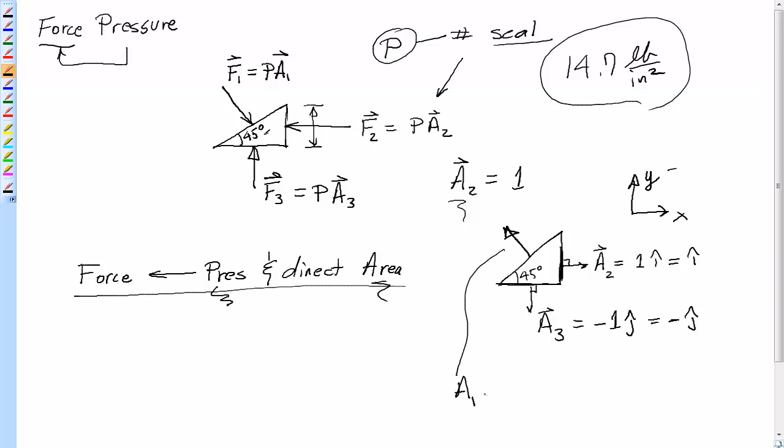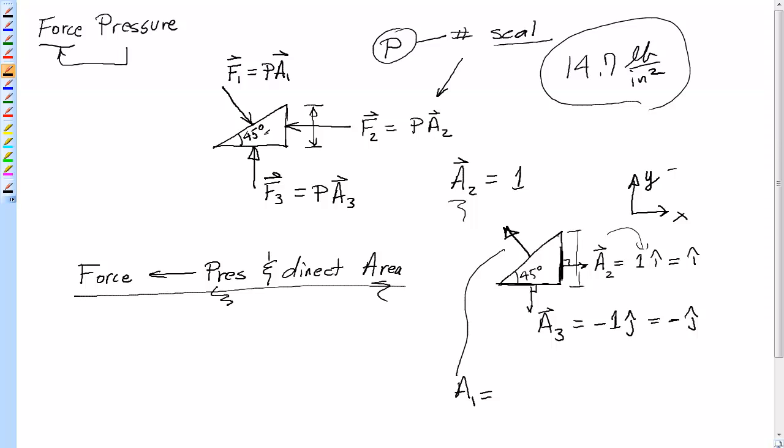And I called it area 1. Well, if this distance were 1, say into the page here, then this distance being 1 and the distance in the page 1 would give you 1 times 1, which is 1.